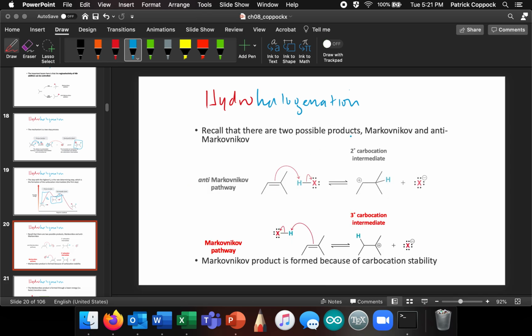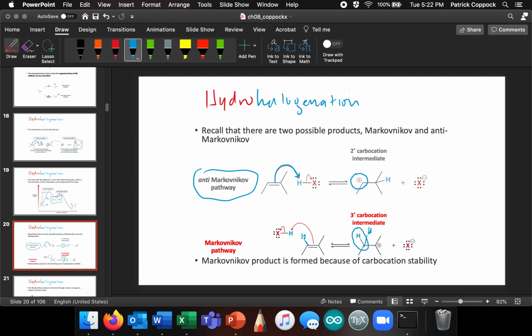Recall that there are two possible products, Markovnikov and anti-Markovnikov. Let's probe what the anti-Markovnikov would look like. If these pi electrons attack, and the hydrogen went to the side with fewer hydrogen atoms, then you would have a secondary carbocation. But in the Markovnikov pathway, the hydrogen goes over here to the carbon that already has more hydrogens.